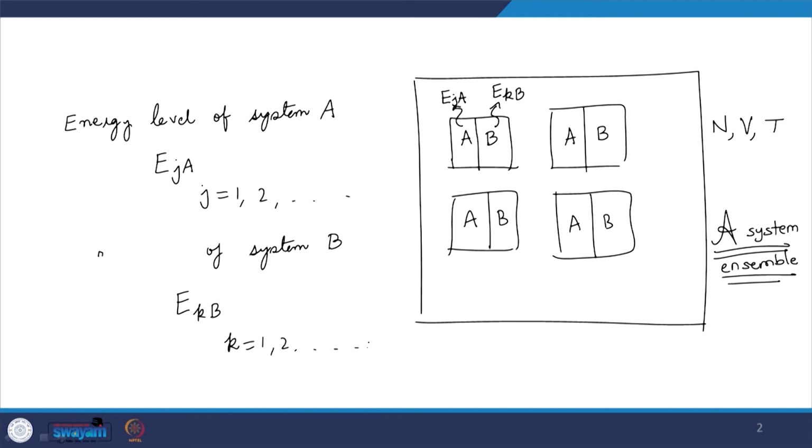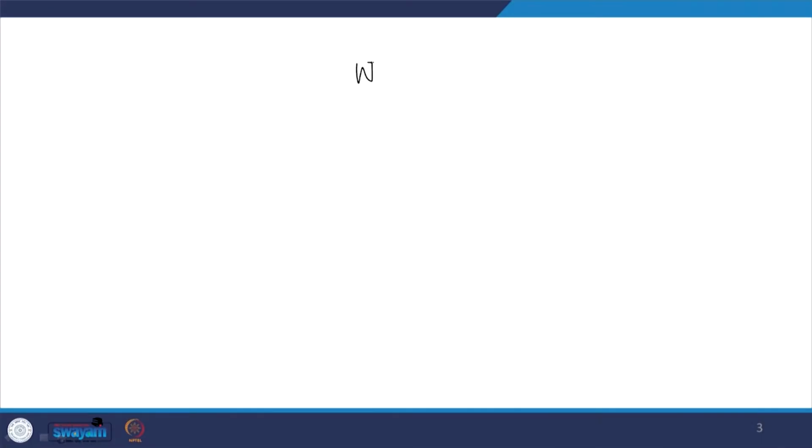If I am now interested in writing the number of ways of distribution for this particular ensemble, the number of ways is equal to the number of ways in which I can distribute the energies in the A systems multiplied by the number of ways in which I can distribute energy in the B systems. Since A and B are always in close contact, the total number of A systems is equal to the total number of B systems.